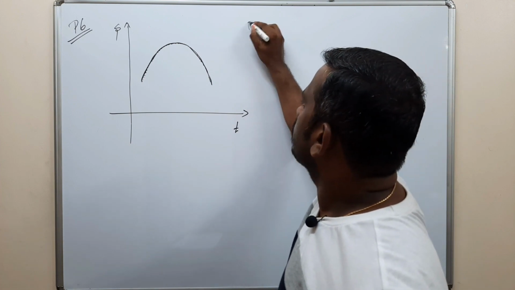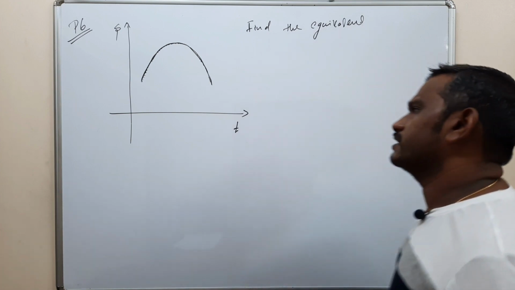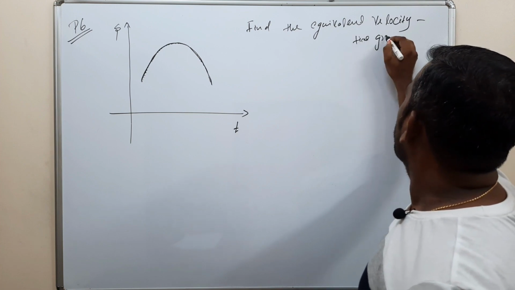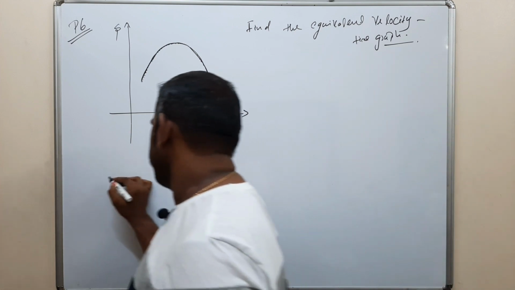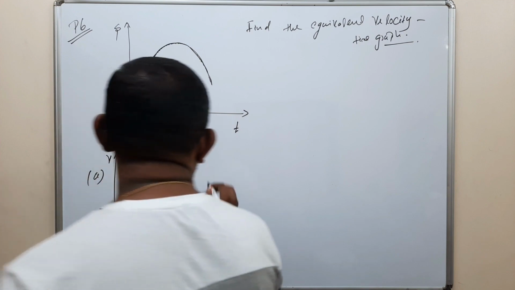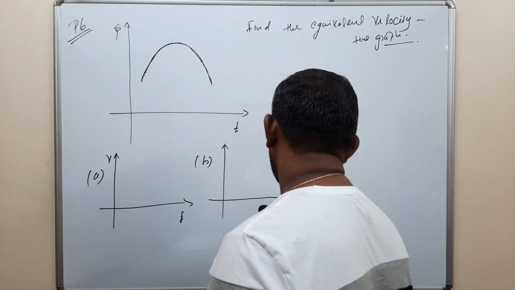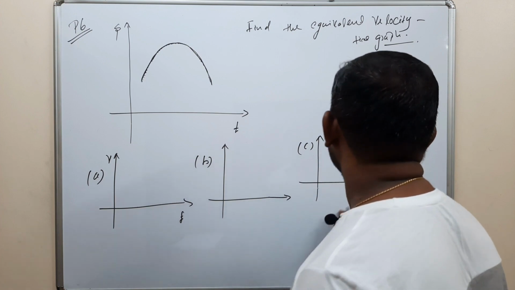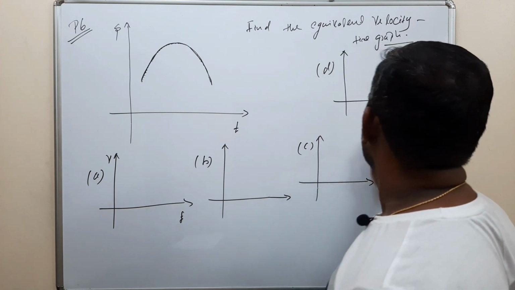Find the equivalent velocity-time graph. Option A. Option B. Option C. Option D.